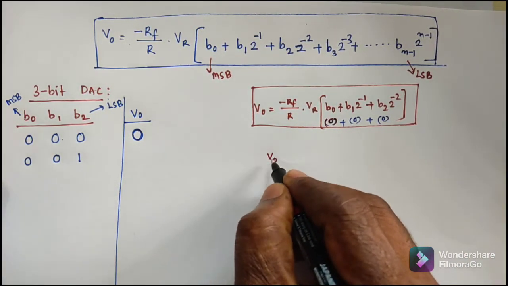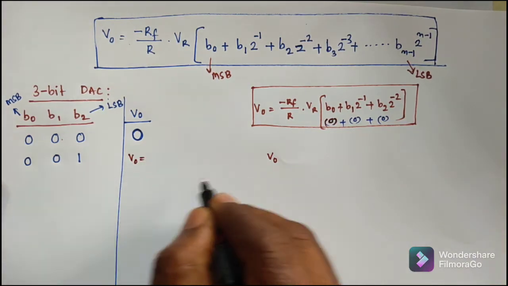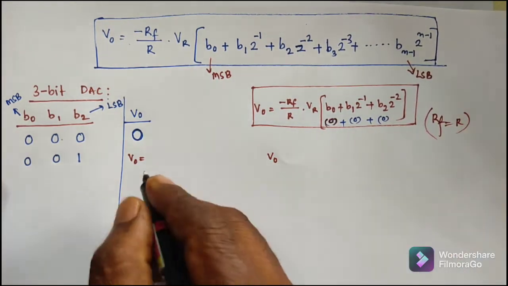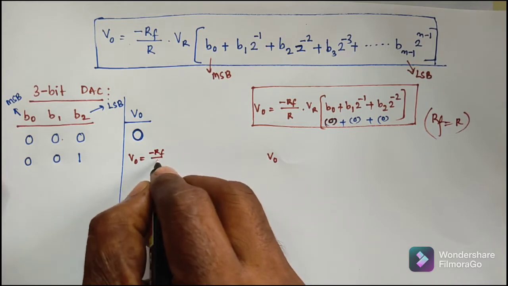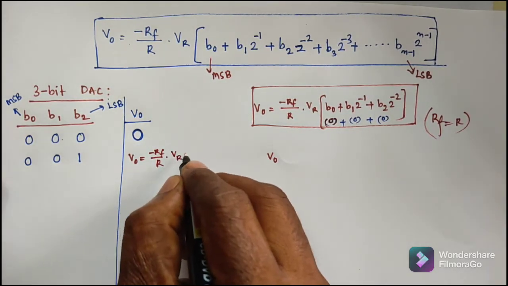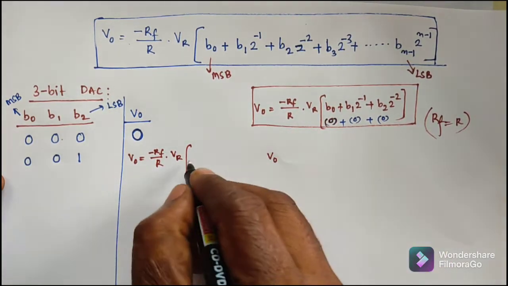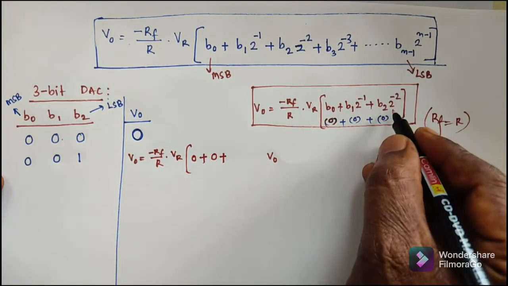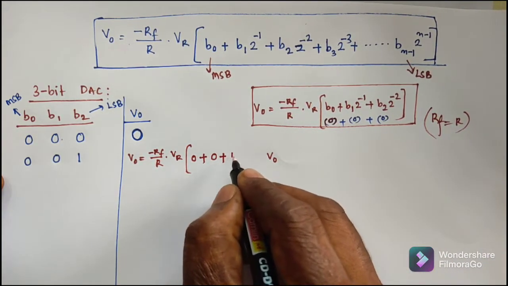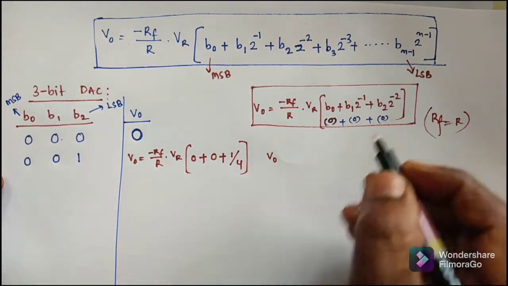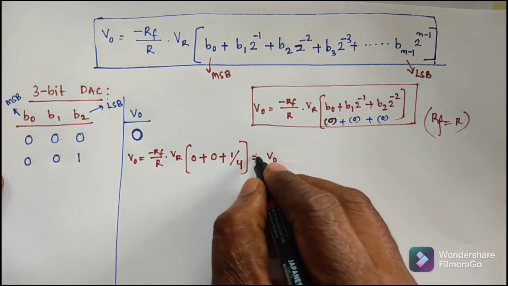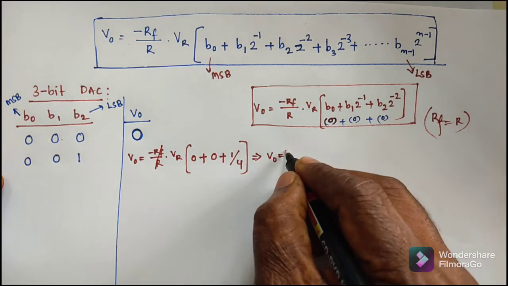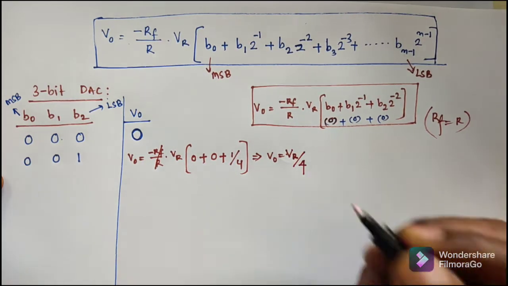Then V0 for this function is, if you take RF is equal to R, both are the same, so minus RF by R, and VR for this concept, B0 value is 0 plus B1 value also 0 plus B2 value is 1, that is 1 in 1 by 4. After that, V0 is equal to, simply if both are the same, finally we will get the value VR by 4.